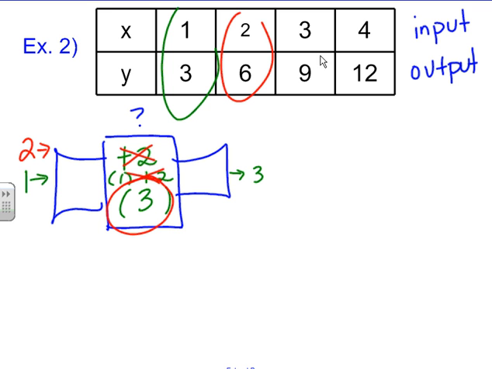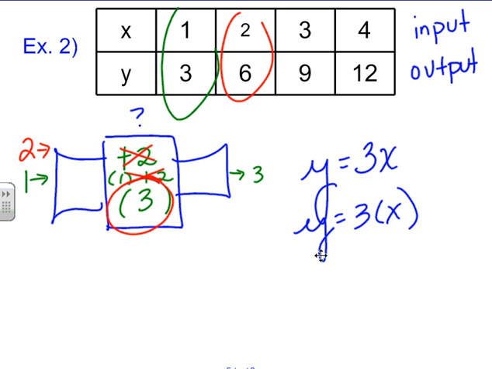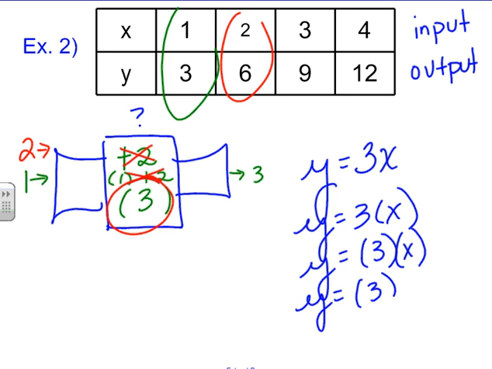So let's test our times 3. 3 times 3 is 9, 4 times 3 is 12. So we know that we're multiplying by 3. Let's write a rule. We're going to take our input and multiply it by 3. This is typically the way we're used to seeing it. If you wrote it like this, it's also correct, as is this, as is this.